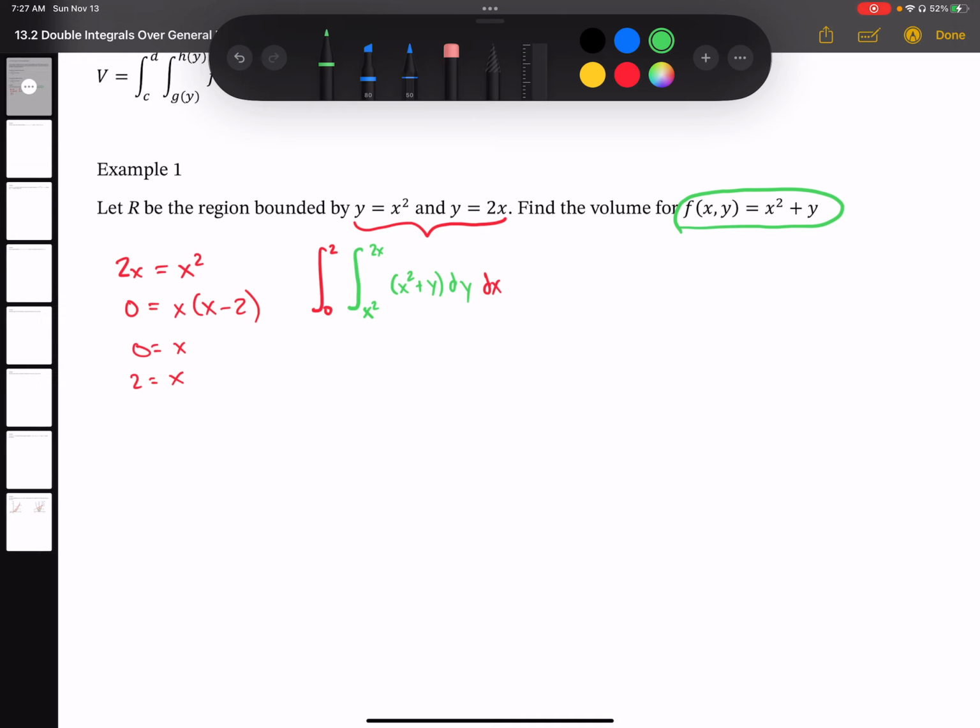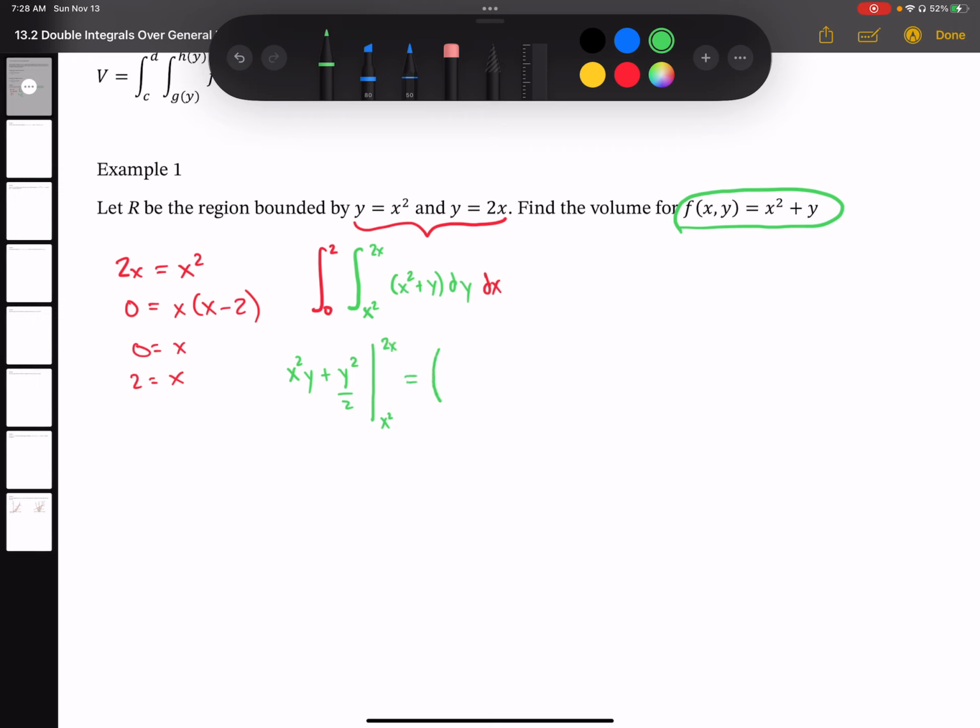For the inner integral, y is the variable for integration, so we're going to get x squared y plus y squared over 2. And we want to evaluate that from x squared to 2x.